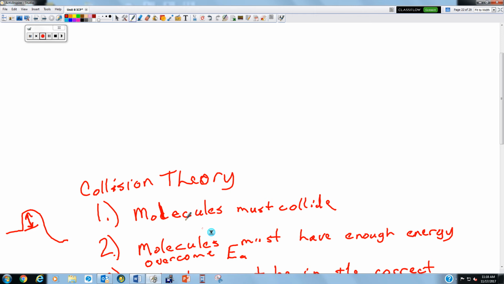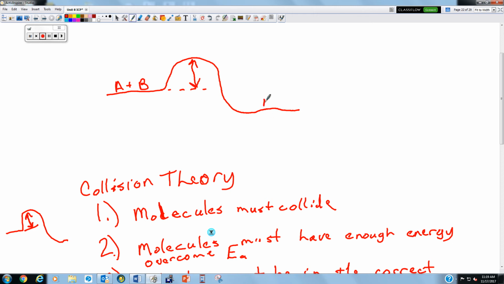If you remember, when you think about a potential energy diagram, you have your reaction A plus B, and then we have to overcome this activation energy in order for the reaction to begin.